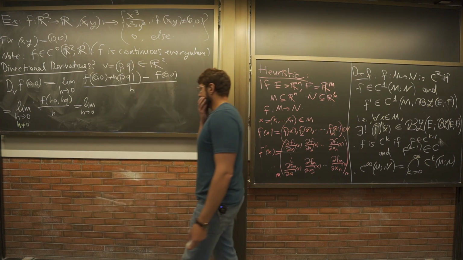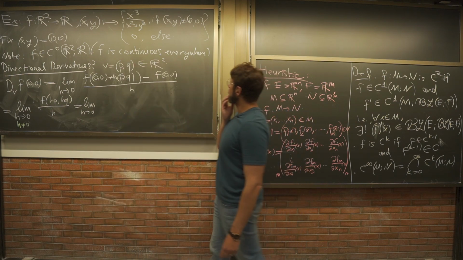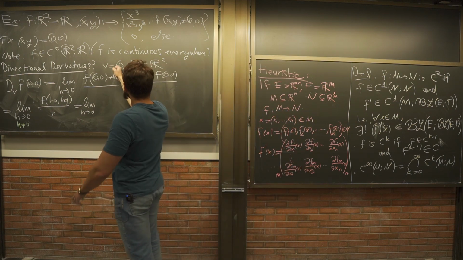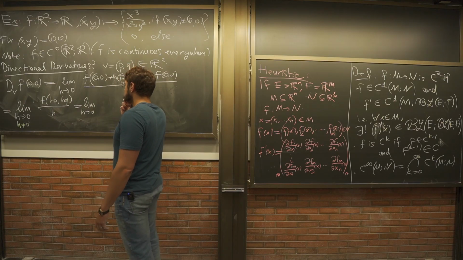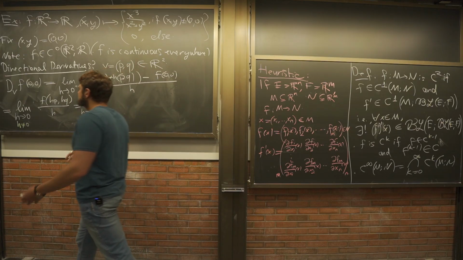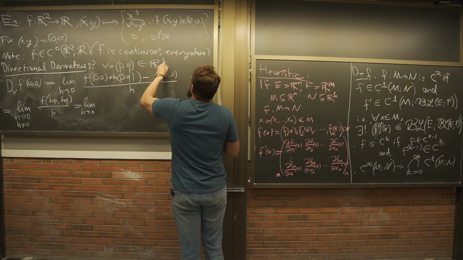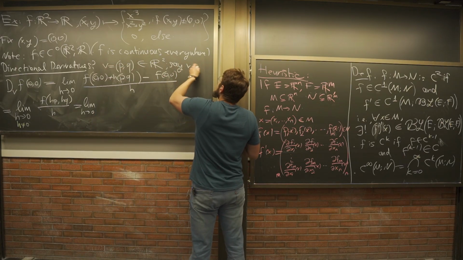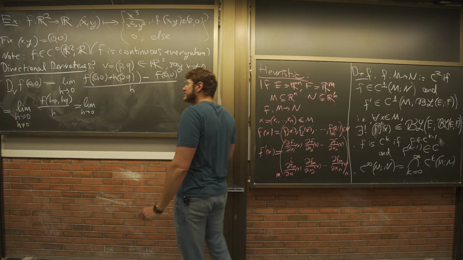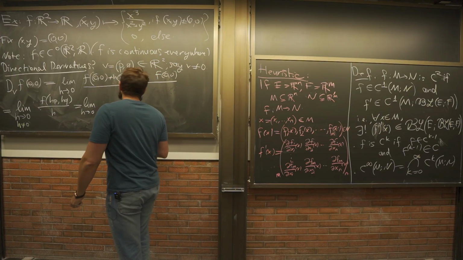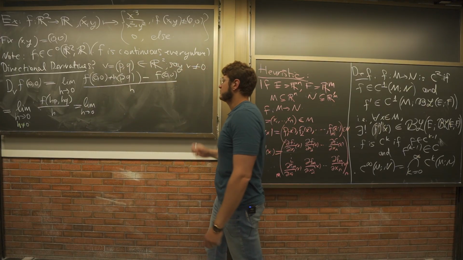So we have two things to do. Let's first assume that pq itself is not 0. If it is 0, then this is going to turn out 0 no matter what. Technically, it is still well defined, actually. But let's assume that v is not the zero vector.